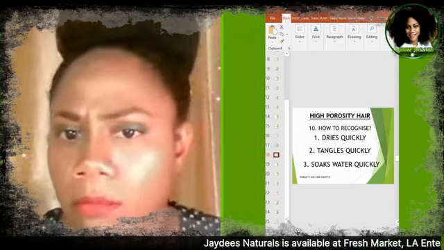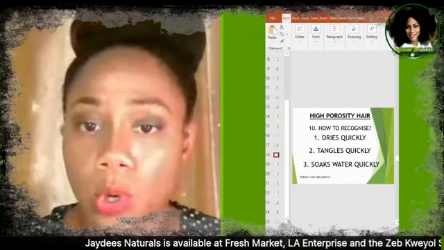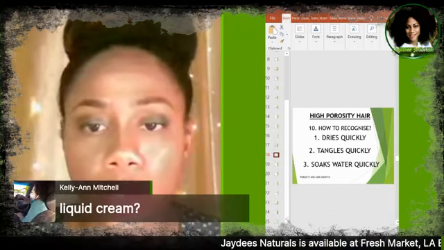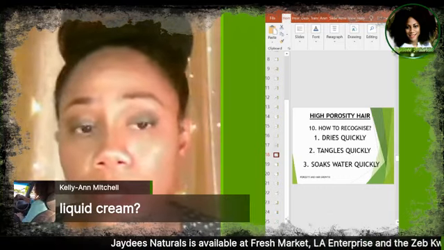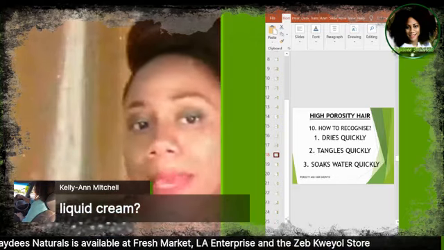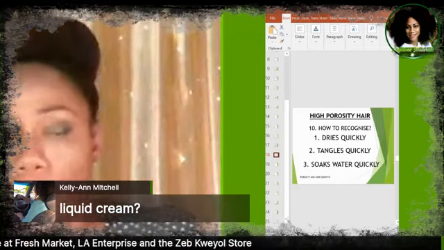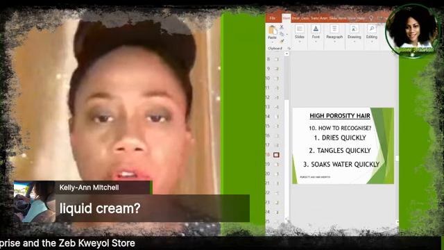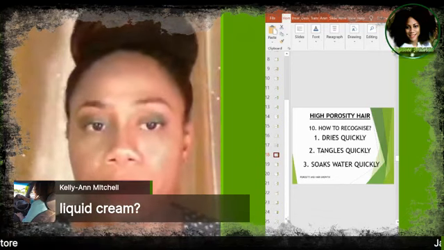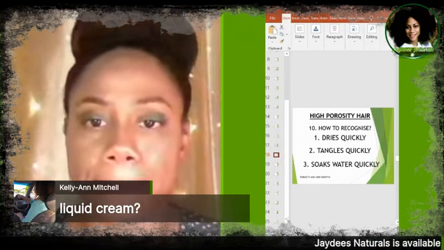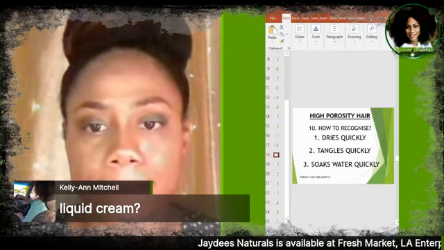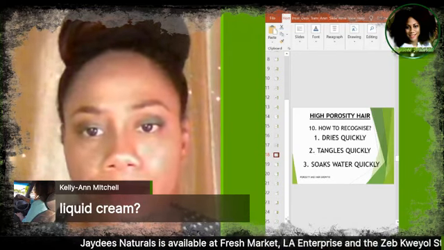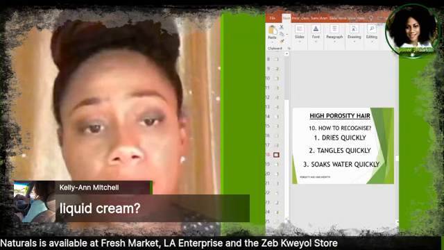Liquid cream? Yes. So Kellyanne, you ask about liquid cream. Yes. You can use a water-based leave-in, or just plain water, and then you add a cream on there for low porosity. Any more questions on low porosity?